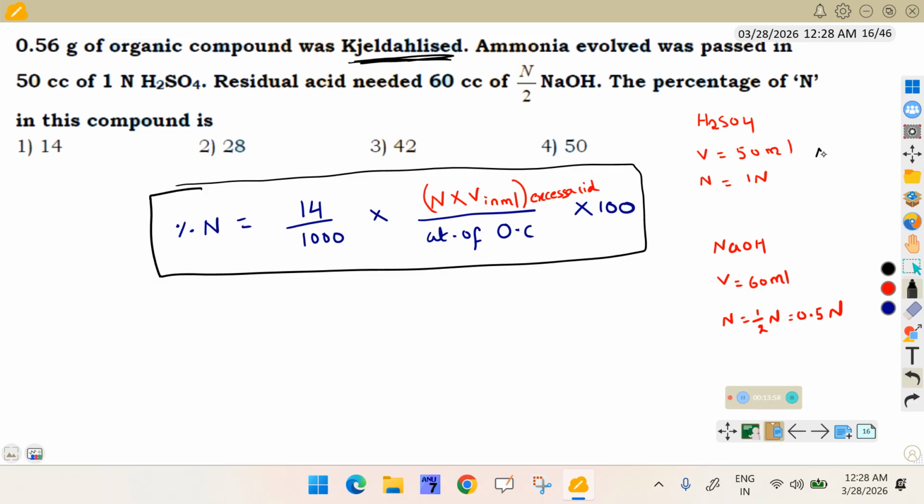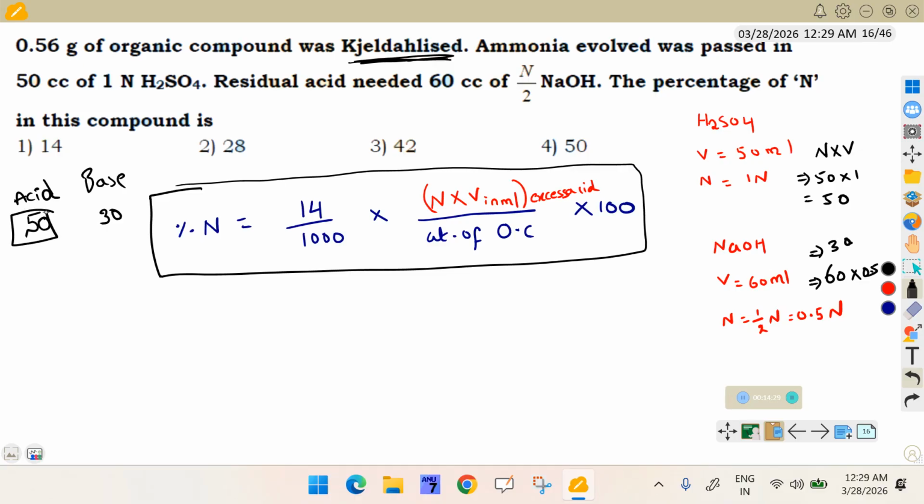Now calculate normality into volume. 50 into 1 is equal to 50. Normality into volume 60 into 0.5 is equal to 30. So the number of milliequivalents of acid is equal to 50, and the number of milliequivalents of base is equal to 30.